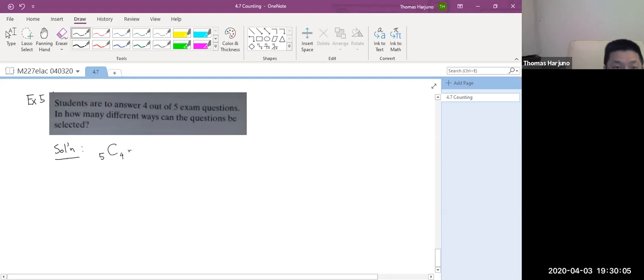5 choose 4. And when you use your calculator, that would be 5. Okay, let's see. Just to remind ourselves how to use that calculator.